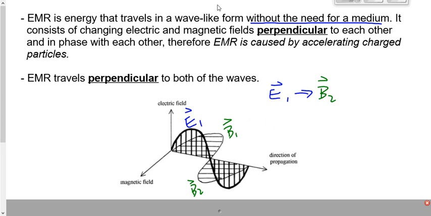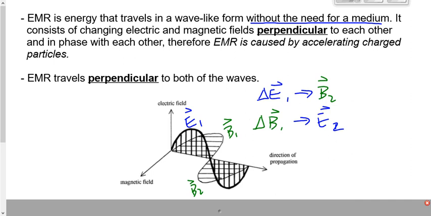And magnetic field number 1 will generate electric field number 2. But electric field number 1 will only generate magnetic field number 2 if the electric field number 1 is changing. And magnetic field number 1 will only generate electric field number 2, I should say, if that magnetic field is changing.